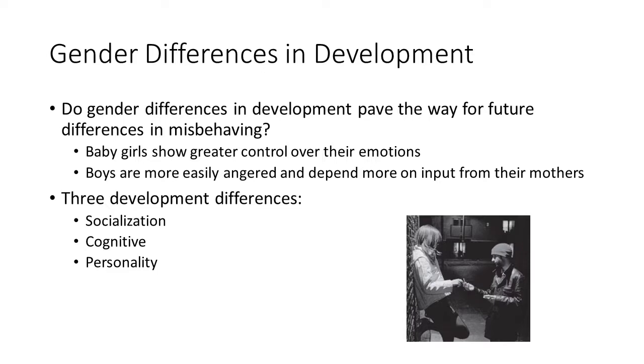And we're going to look at how these three developmental differences between the two sexes have evolved, what the differences are, and whether those differences actually play a role in delinquency.